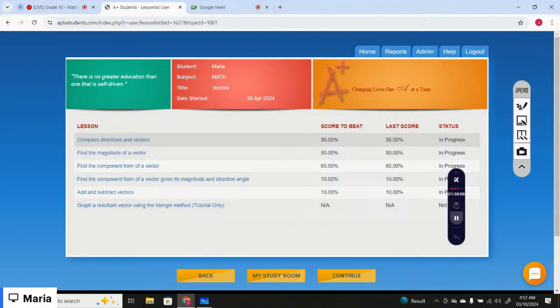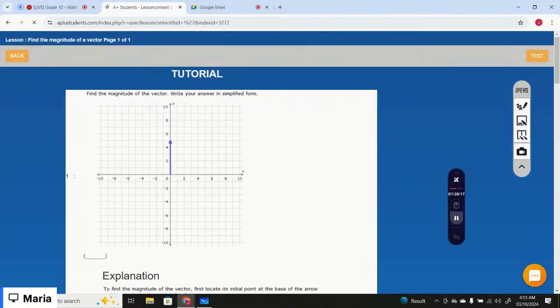Okay, the next one is find the magnitude of a vector. Let's just start with the next lesson. Find the magnitude of the vector. Write your answer in simplified form.